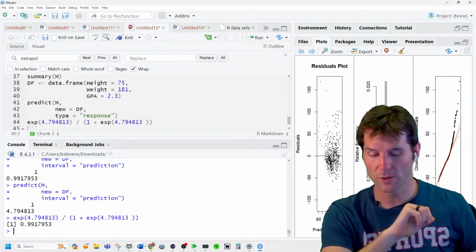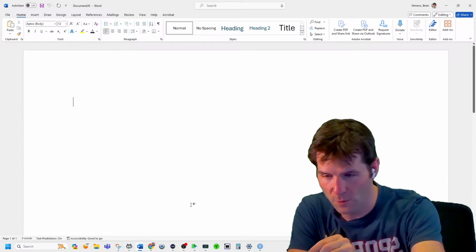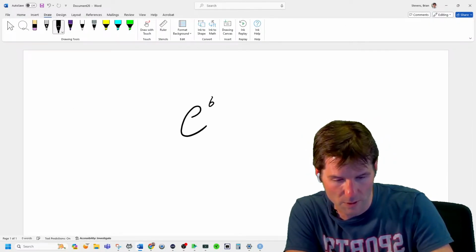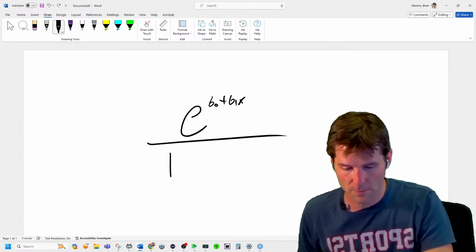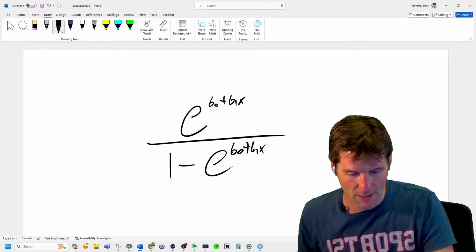So once again, know this formula. It is literally the formula of your regression equation: e raised to the regression equation b0 plus b1x, and more x's if you have them, over 1 plus e to the regression equation. And if there's more x's, you just add in the more x's, like plus b2x2.